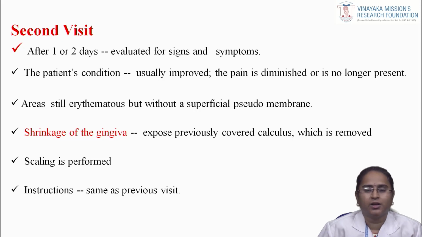At the second visit, the patient's condition will have improved and pain will not be there, but the gingiva will still be erythematous. Because scaling was done in the first visit, there will be shrinkage of the gingiva, leading to exposure of the subgingival calculus. In the second visit, these areas where calculus and debris are present should be treated again, and instructions are given the same as in the first visit.